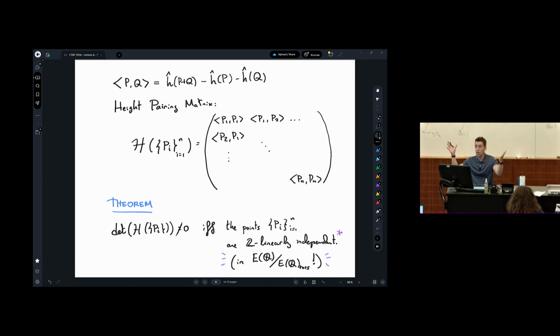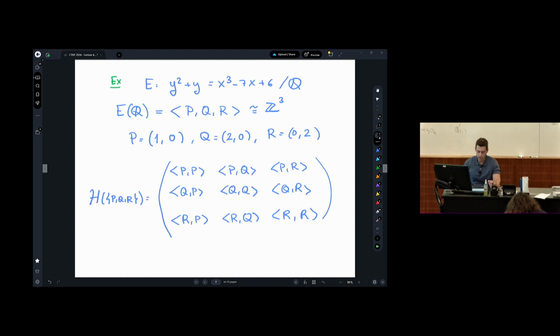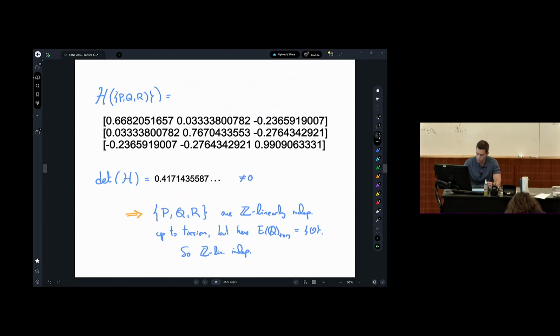When it's 0, the parallelepiped has collapsed in some dimension, and then it doesn't have a volume. It has maybe area or maybe a distance or something, but it's not volume, so they have to be linearly dependent. So yes, thank you. If the determinant is non-zero, then the points are linearly independent. And this is what we see here, that for these 3 points, the determinant is non-zero, and therefore these 3 are Z-linearly independent.